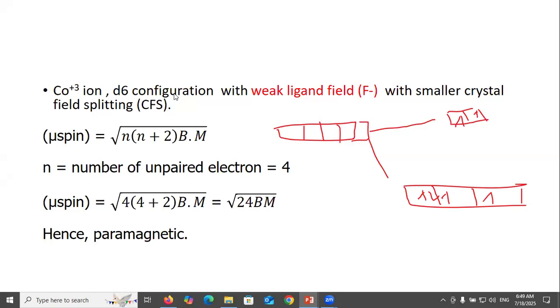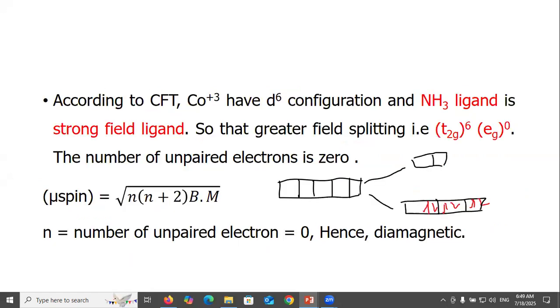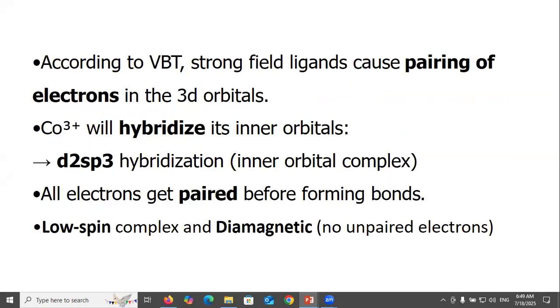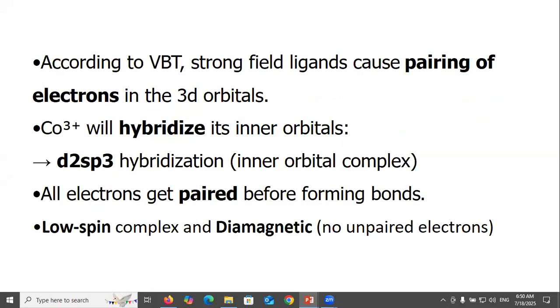Cobalt ion with this configuration in a weak field: n equal to 4, paramagnetic.